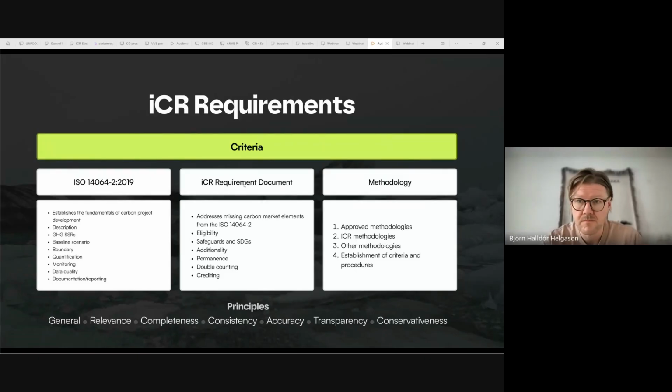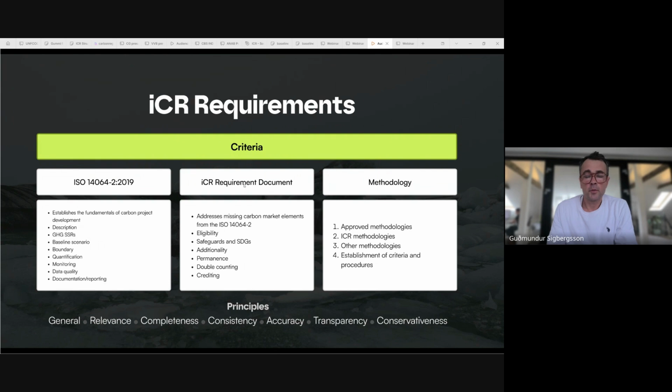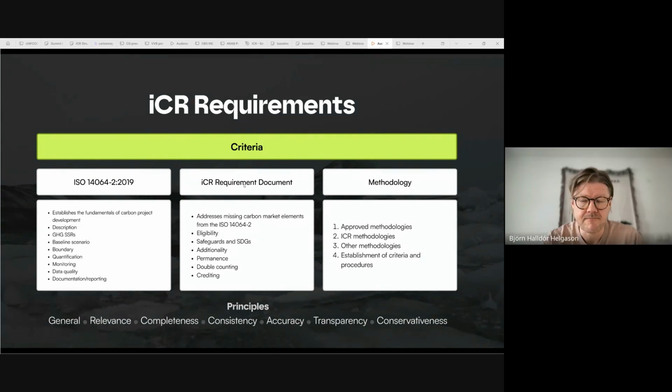Procedures for certain climate action to provide consistent application at the project level, as a set of criteria and procedures. So for a process to work under the ICR program, they may apply approved ICR methodologies, other methodologies that are informed by other TSC programs, or establishment of criteria and procedures within the project documentation.